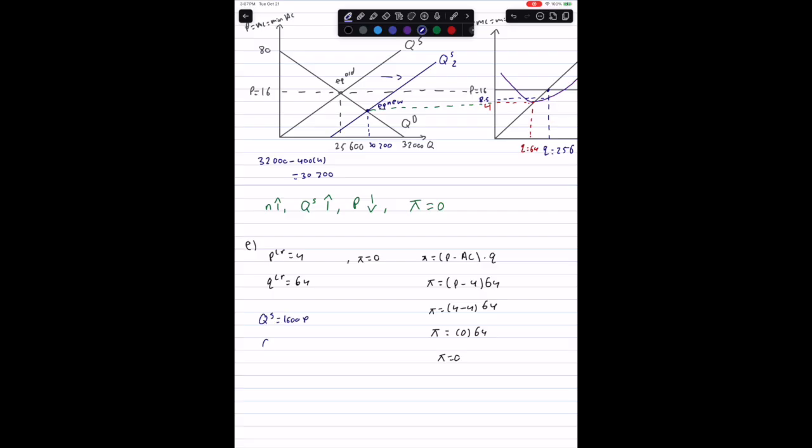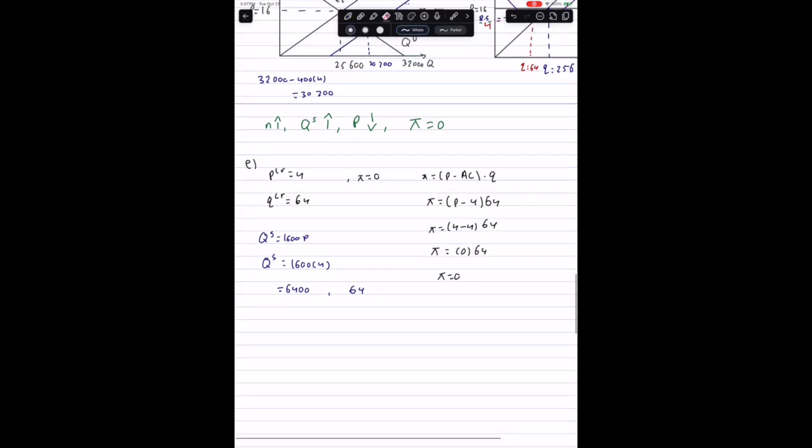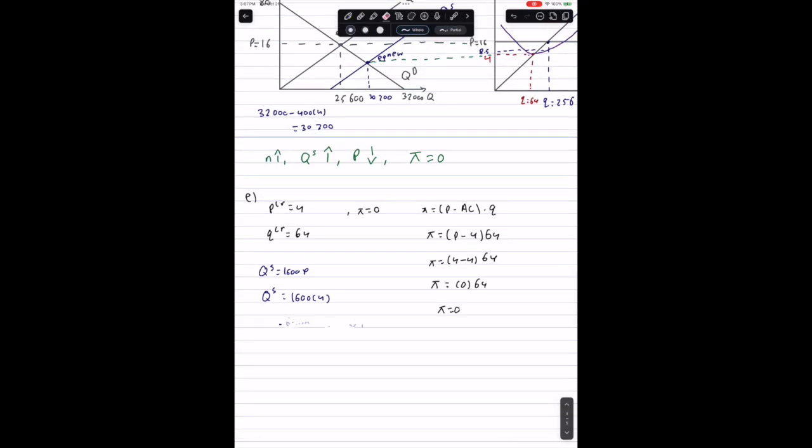So QS is going to be equal to 1600 times 4. It's going to be equal to 6400. We know each firm supplies 64 units. This is not right, sorry. I made a mistake here. Forgive me, I'm a little rusty on the subject.